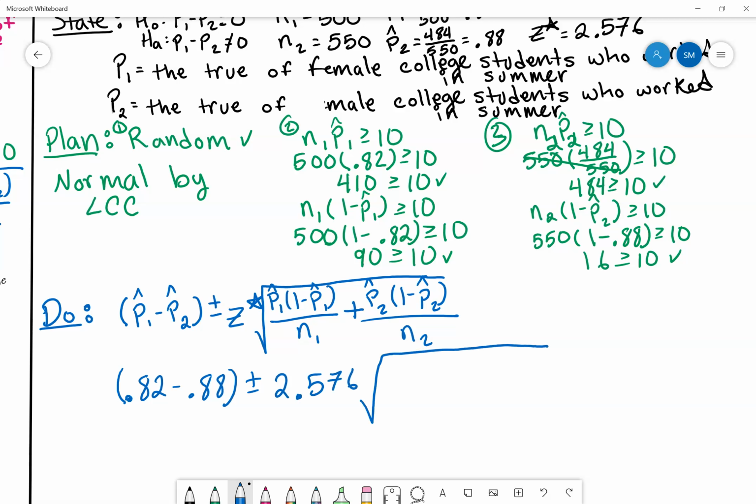times the square root of p hat sub 1 times 1 minus p hat sub 1 divided by that sample size, which was 500, plus the second sample proportion times 1 minus that proportion divided by that sample size.